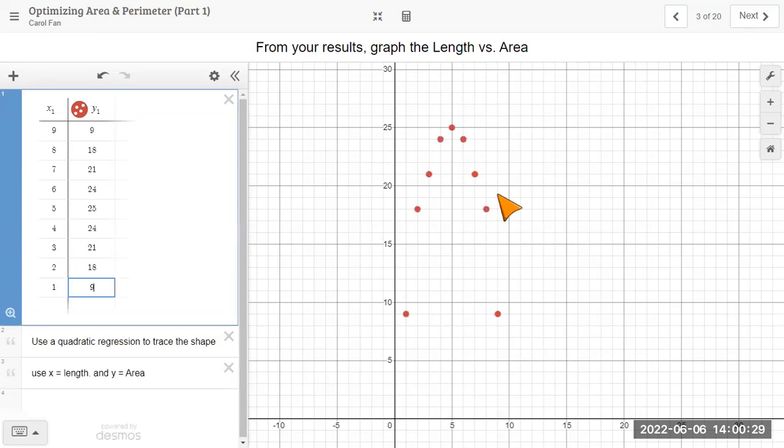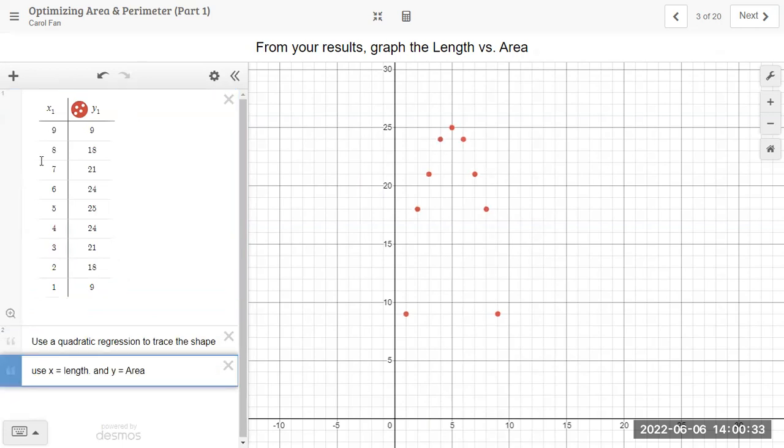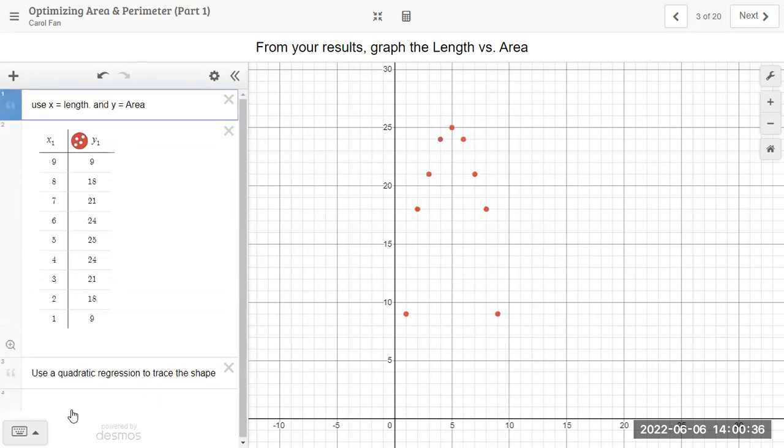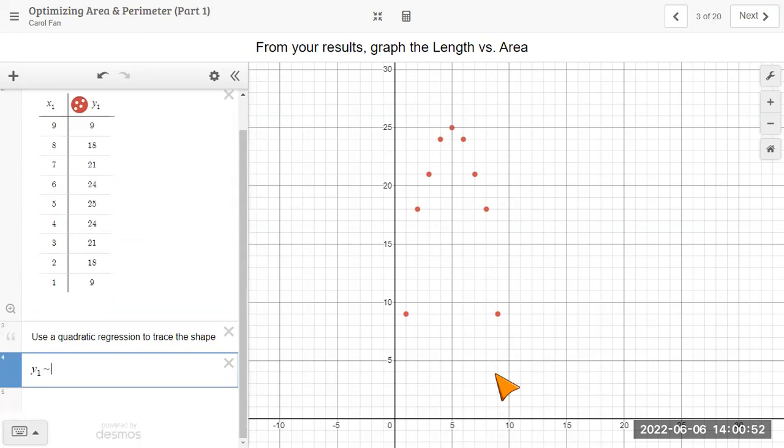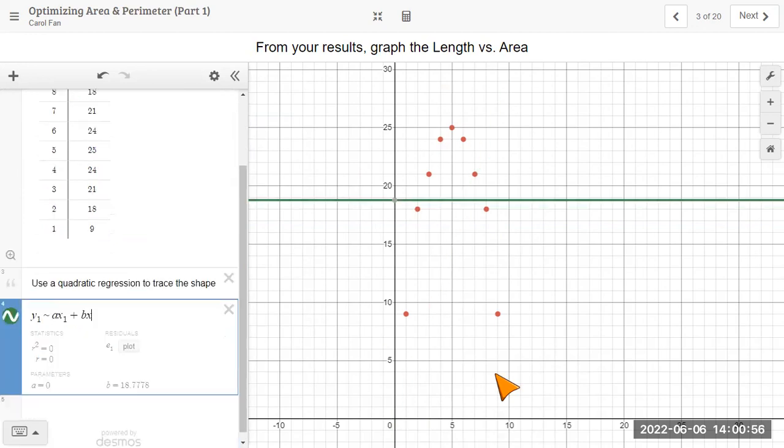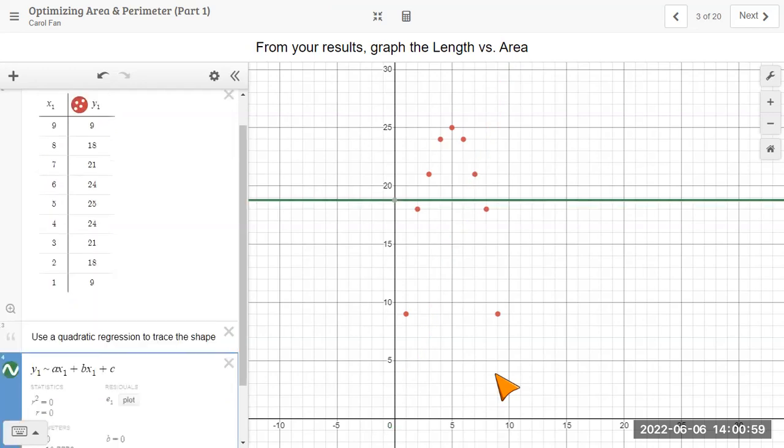What you notice here is it looks a bit like a parabola. We're going to use the regression line to trace the shape. A regression line just means I'm going to create a shape that looks like this. You might remember y equals ax squared plus bx plus c.